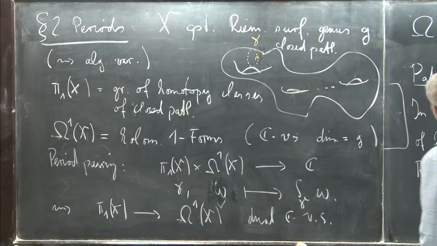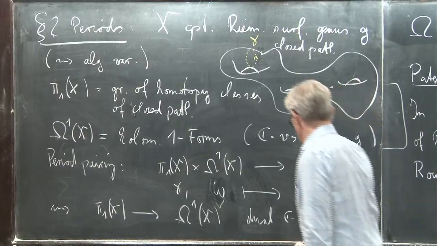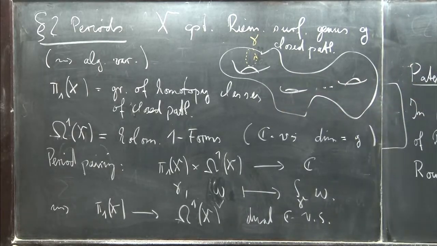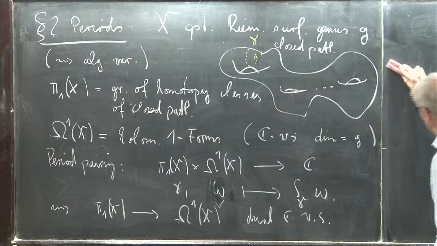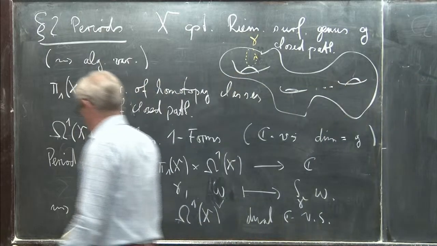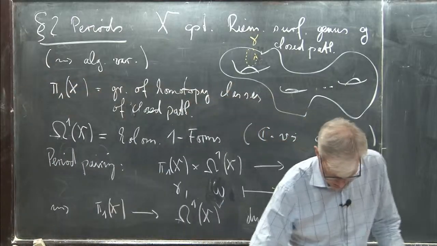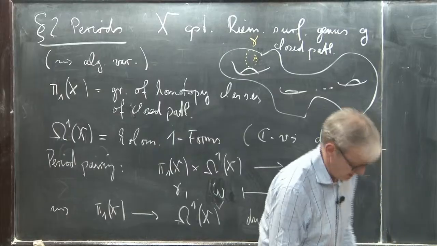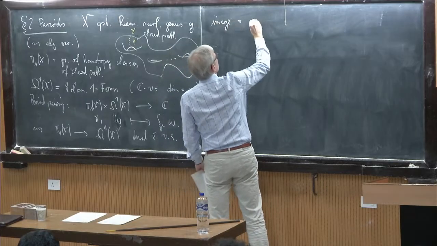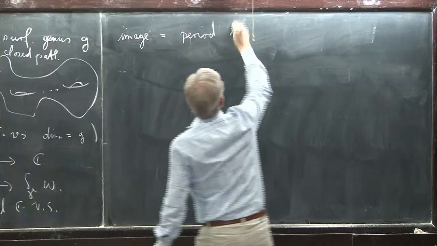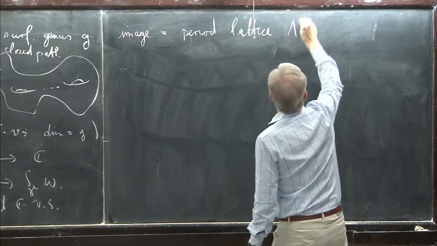And the image of this has a name, and it's called the period lattice, Lambda of x.